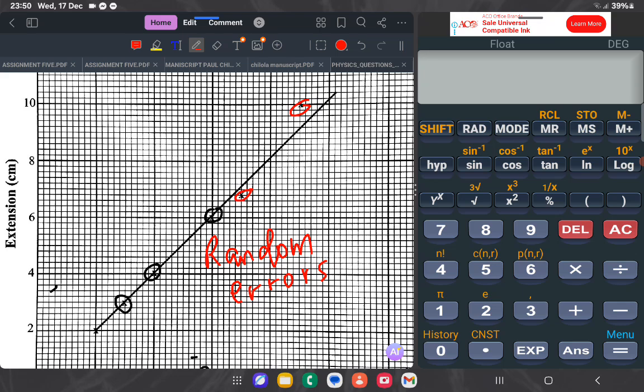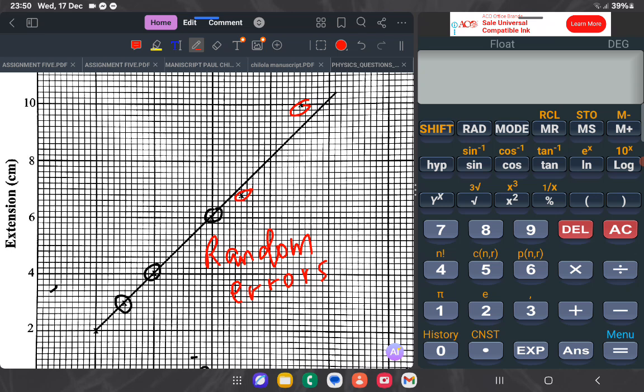So they would cause some values to lie out of the other values. So only the first 3 points are on the line, while these others, which I've circled in red, are outside to indicate that there are some random errors in the determination of the extension.